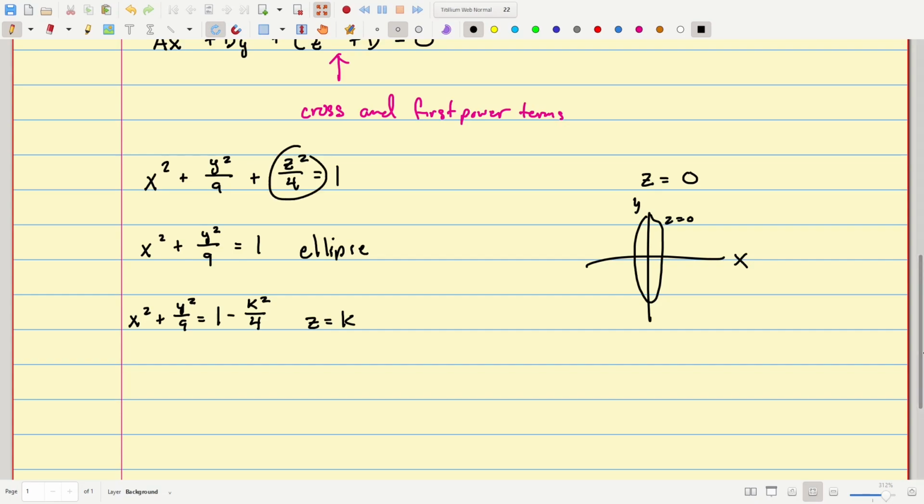Just plugging in z equals k and then moving that to the other side. This term over here becomes negative if k's absolute value gets bigger than 2. So that puts a restriction on what values of k make sense. And what we'll end up with for different values of k are smaller ellipses.